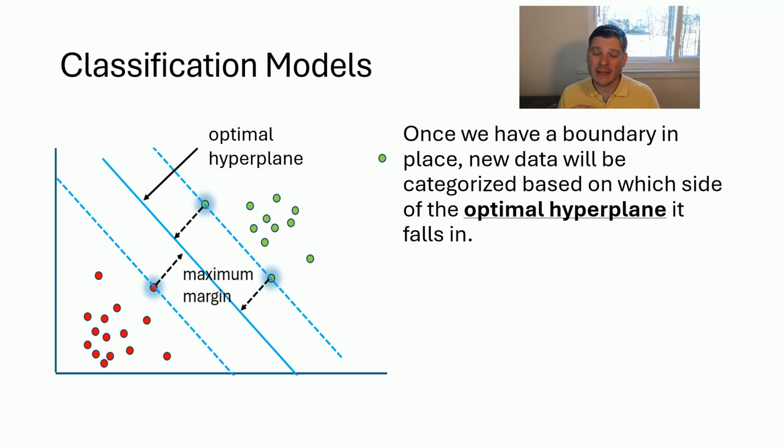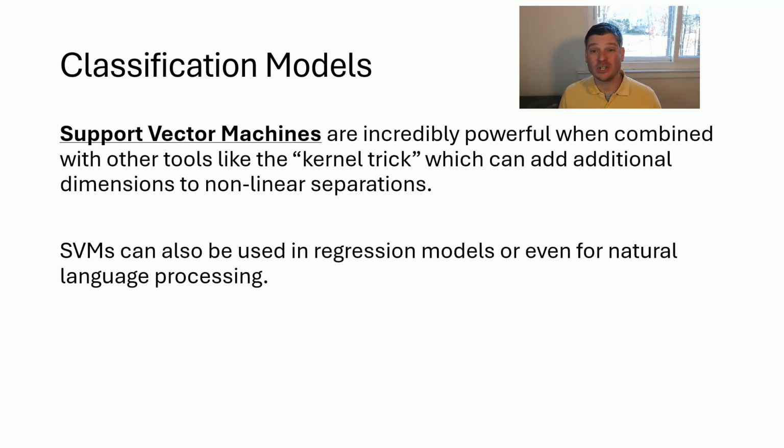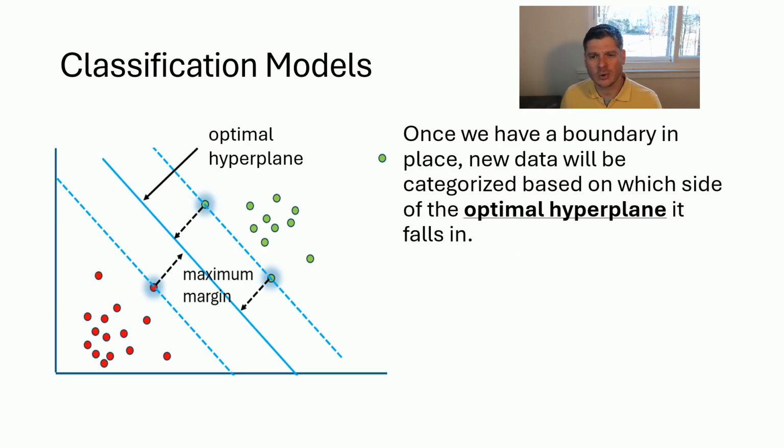And then once we have that boundary, our new data points will simply be classified on which side of that optimal hyperplane our data falls in. Now, support vector machines are actually incredibly powerful. They are incredibly useful, especially when we combine them with other tricks like the kernel trick. So when we look at this picture, here's this line that divides these two data sets that are clearly separated by a line.